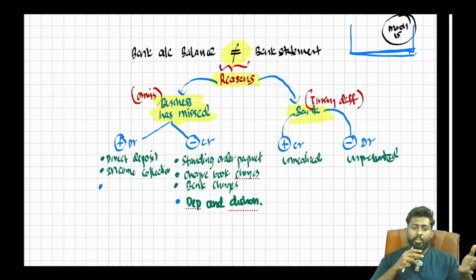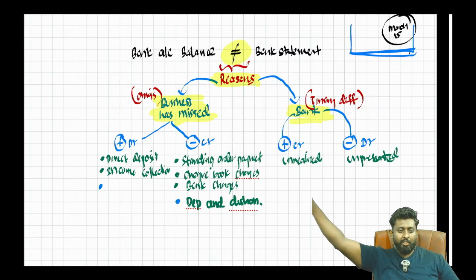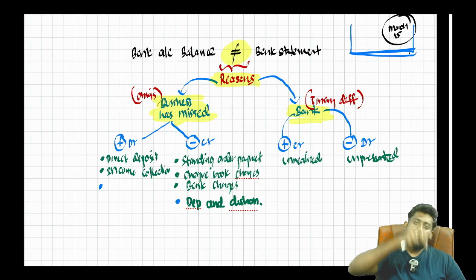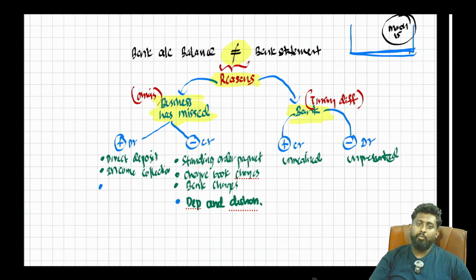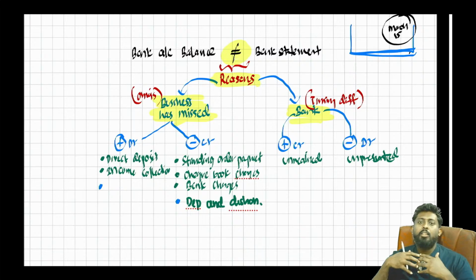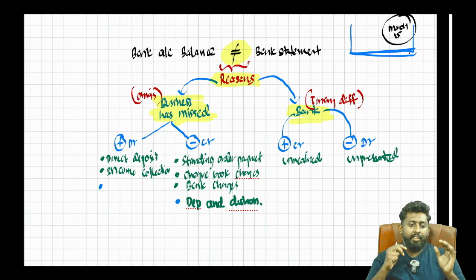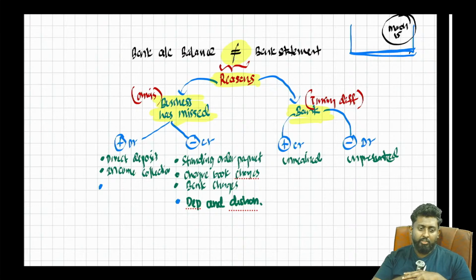So you can see the screen, right? You can see omissions, right? From our side, we wouldn't have added direct deposit income collections. We wouldn't have deducted some standing order payments, checkbook charges, bank charges, right? And then I will explain what is the dishonoring of a check.